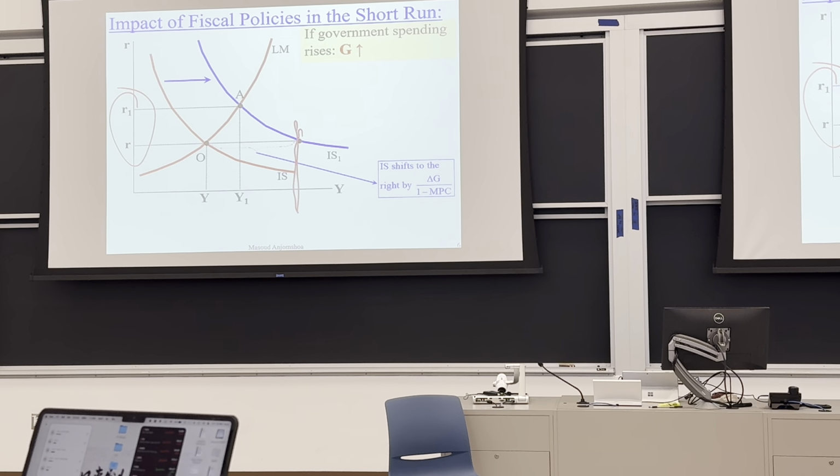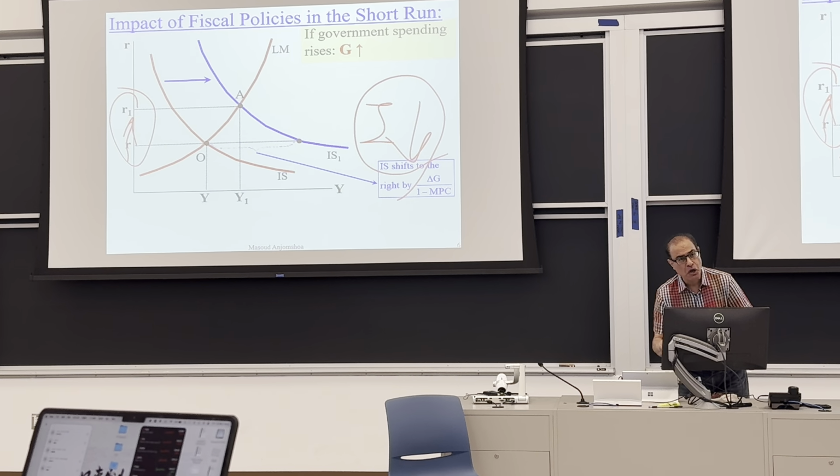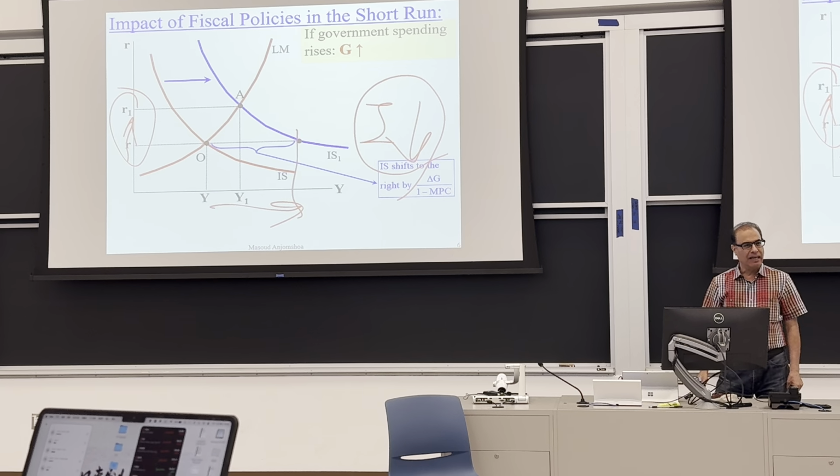Okay, so be careful. I have seen in the past people continuously use that multiplier all the time. That is not the case. That is when the interest rate is fixed. Now, in this case, when the interest rate goes up, investment goes down. Is that right? So this decrease in investment partly offsets this initial increase in output.